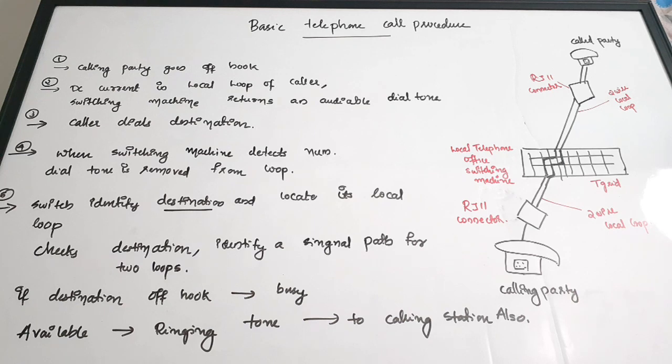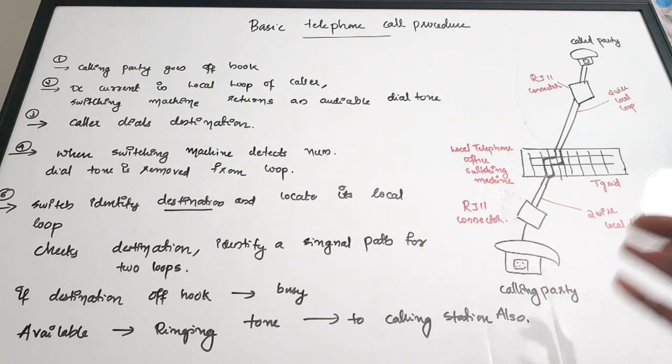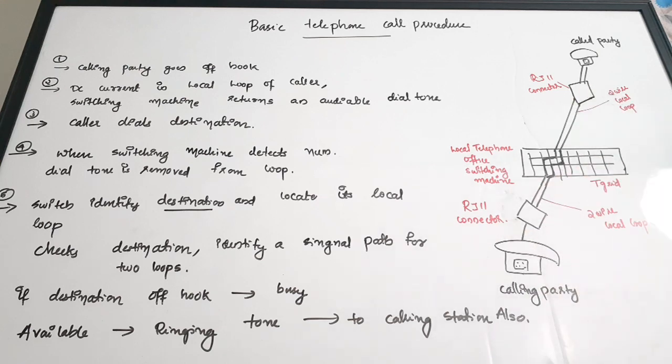Assume that you're at your home and you take the handset. There will be a DC current in the local loop, and the switching machine will identify this DC current and return an audible dial tone. When you take your phone handset at home and place it on your ear, you can hear a dial tone, right?